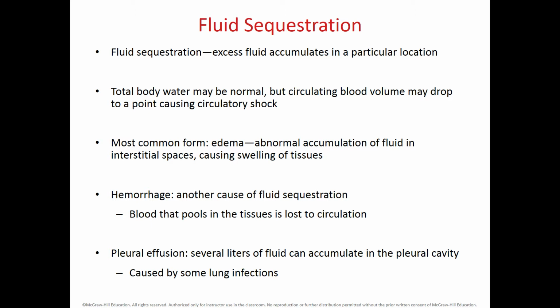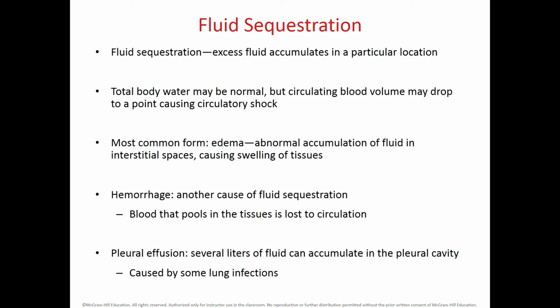One example would be a hemorrhage, in which the blood that pools into the tissues is lost from the circulatory system; pleural effusion, in which the fluid goes into the pleural cavity; and another case is something that we call ascites, in which fluid goes into the peritoneal cavity in excess.